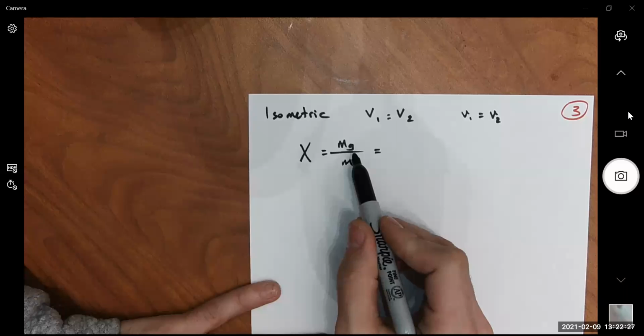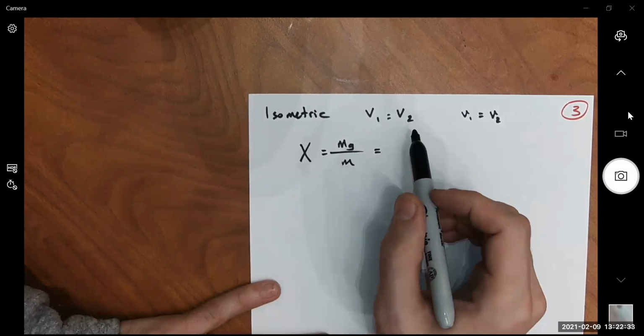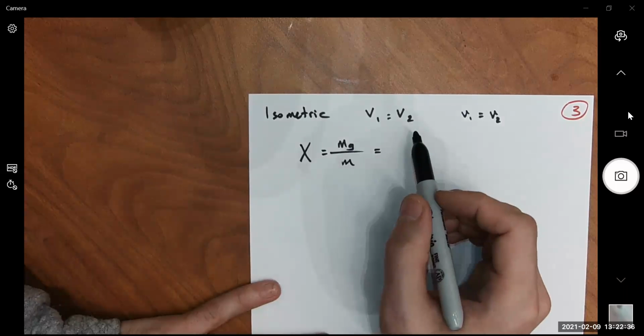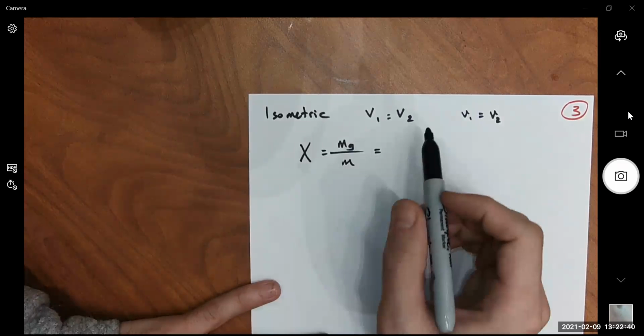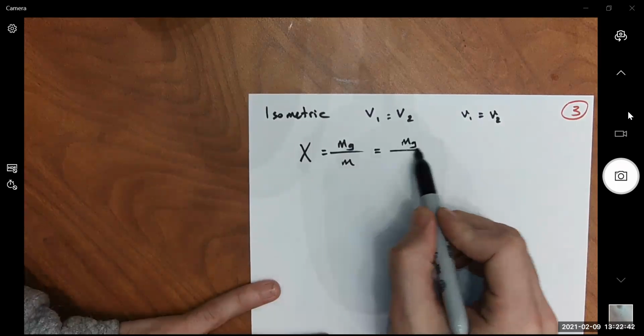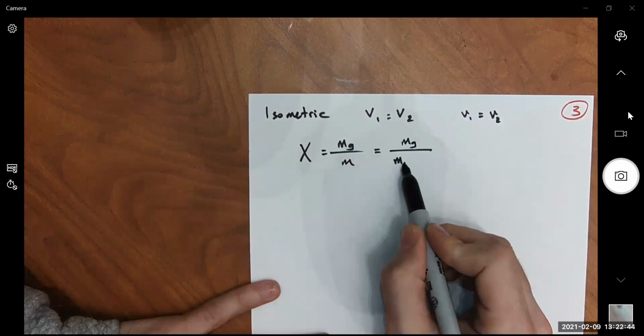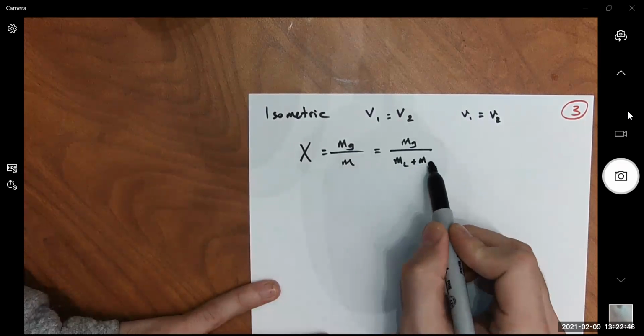So mass in the gas form divided by the total mass will give you the quality factor. Okay? What was it? Vapor over liquid plus gas.